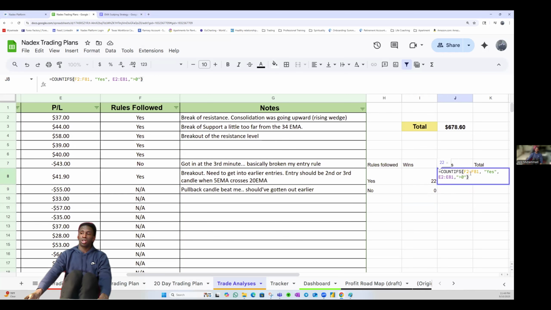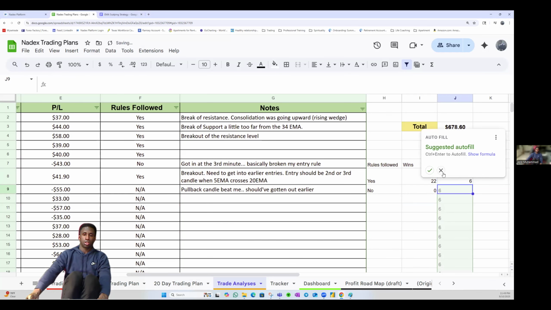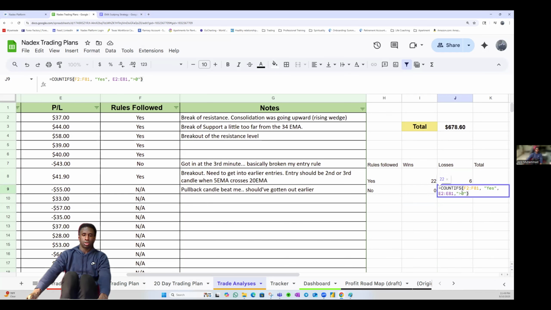F2 to F81. And this is just gonna be the opposite. Same thing. Change it, and it's gonna be no.